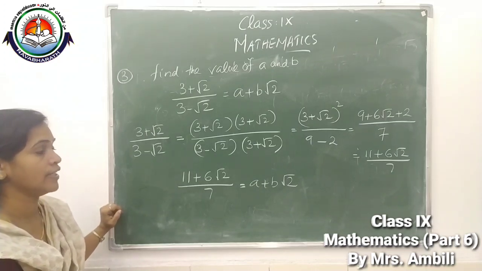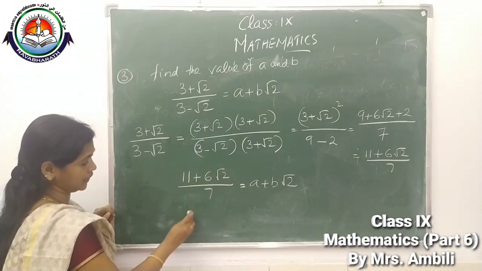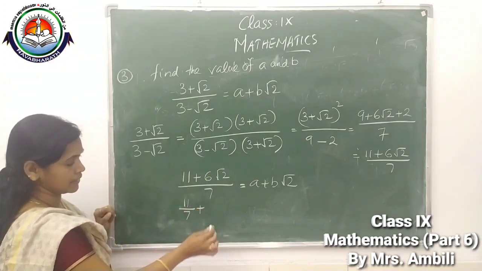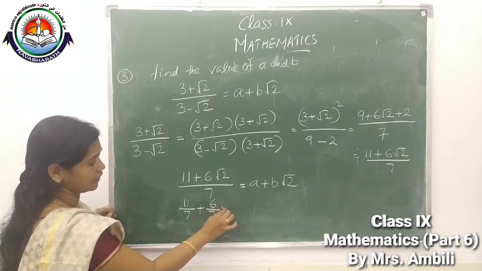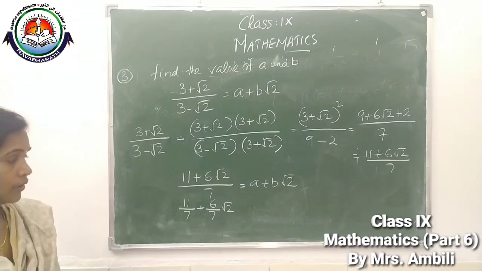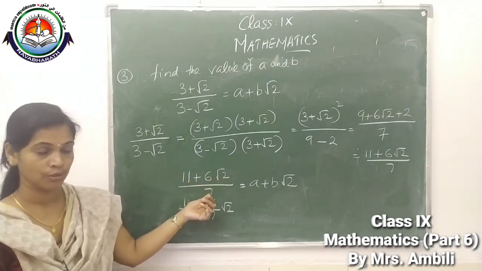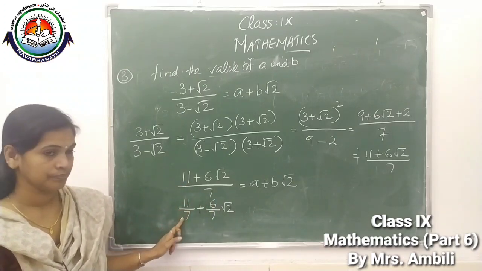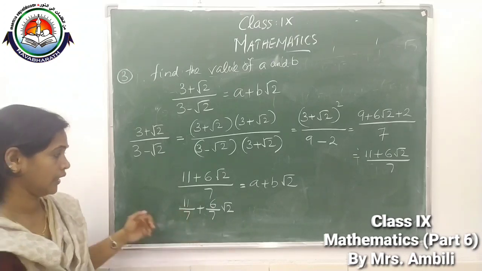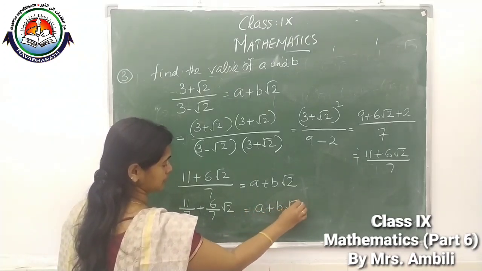We need to find the value of a and b. So just split and write this side: 11/7 + (6/7)√2. Any problem? We just split (11 + 6√2)/7 and wrote 11/7 plus 6/7 root 2, equal to a + b√2.